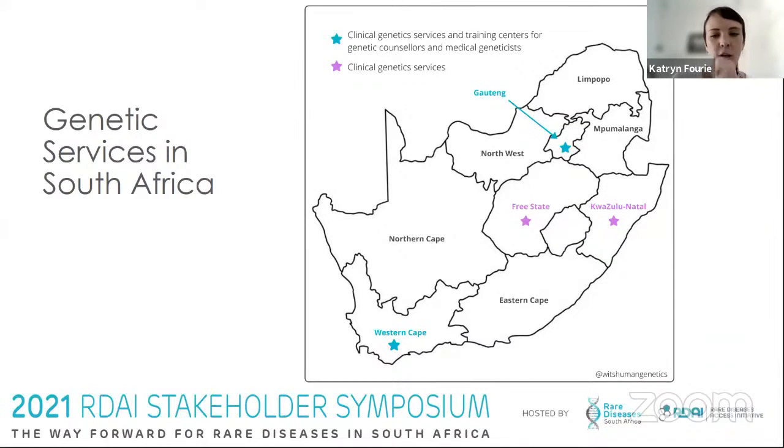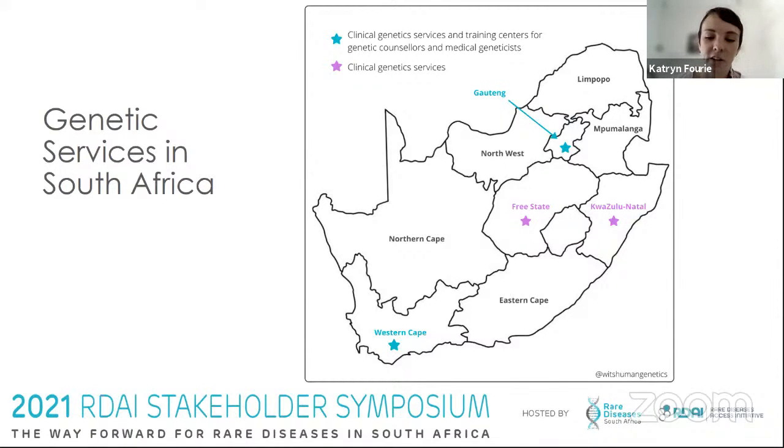And unfortunately, in our particular setup, telegenetics is not always a feasible option. We know this now because of COVID. We've all tried to do as much telehealth as possible, and many other countries have done that very successfully in genetics.